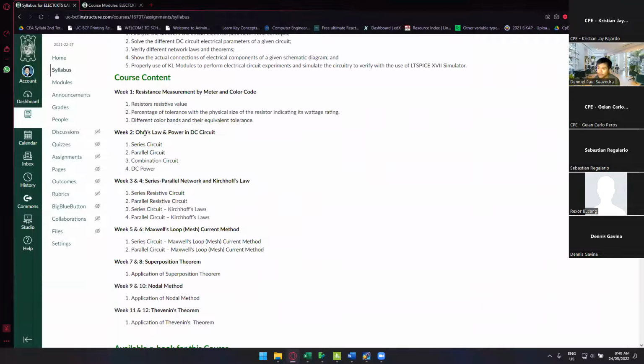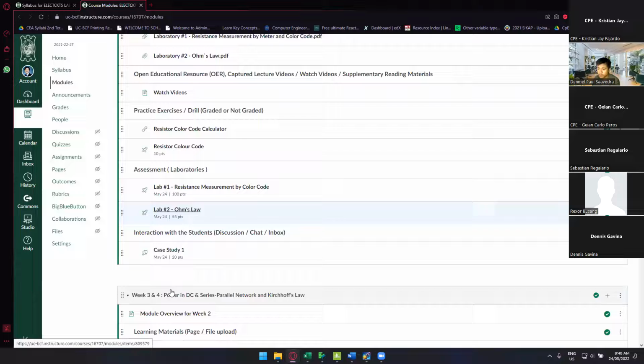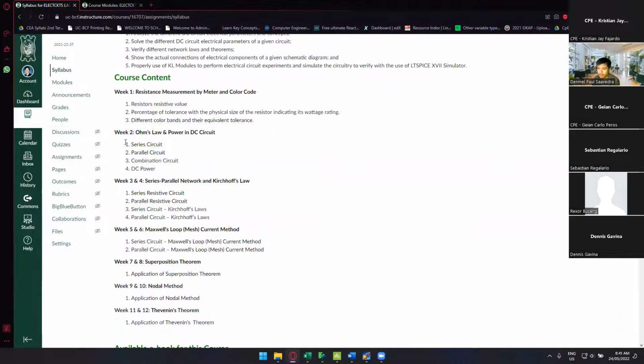And then the second one is Ohm's law and power in DC circuit. So in here, I think we now have two laboratories. This is the first one, and this is the second one. I think I need to change some of the information here since week 1 should be one only, and then this one should be week 2 and 3.